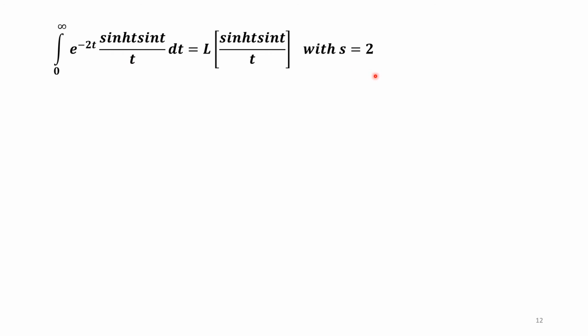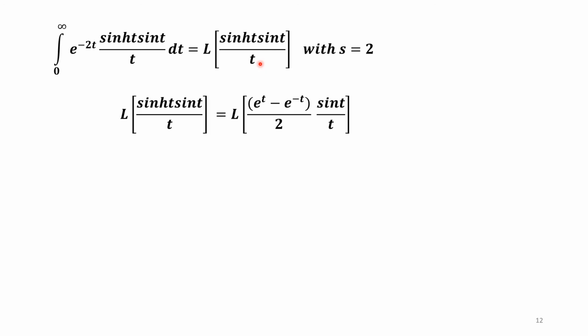Again, since we have division by t property, whatever is the function in the numerator, we have to calculate the Laplace transform and then integrate that particular answer with respect to s between the limits s and infinity. So our aim is to calculate L of sin ht sin t upon t.